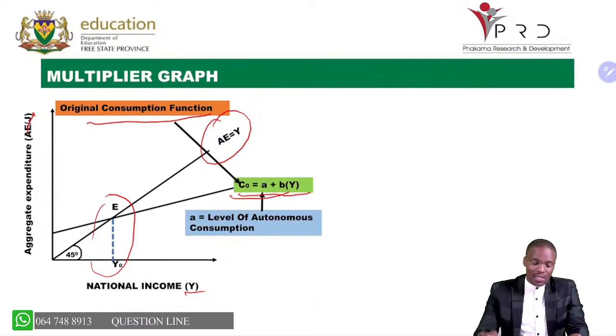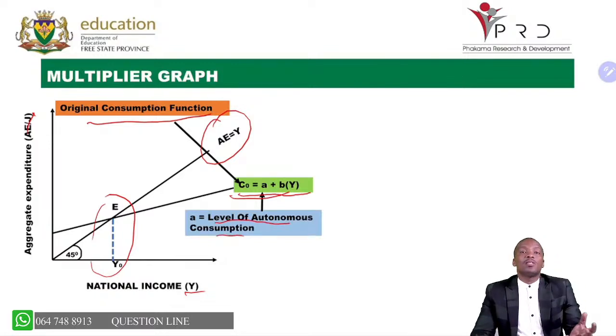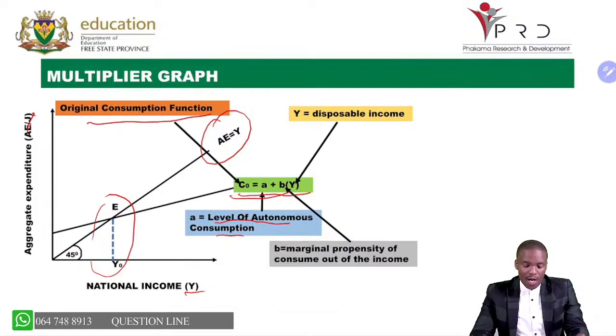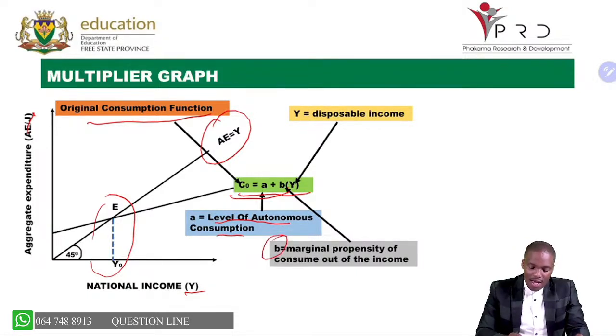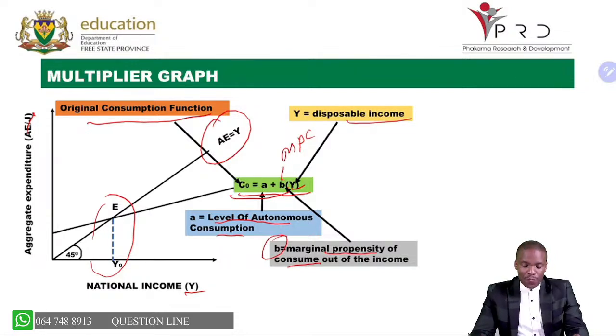What does that represent? A represents the level of autonomous consumption, so it's a value. Then B represents the marginal propensity to consume, so B is our MPC, while Y is our disposable income.